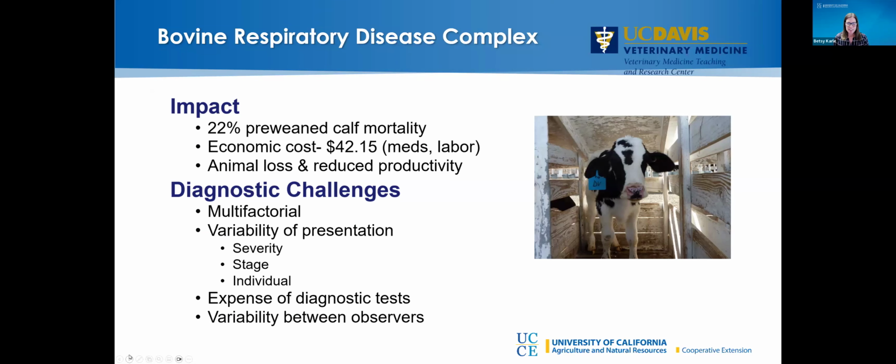So just to really dive in as far as respiratory disease goes, in pre-weaned calves, which is what we're going to be focusing on today, it is responsible for 22% of mortality in that population of calves.